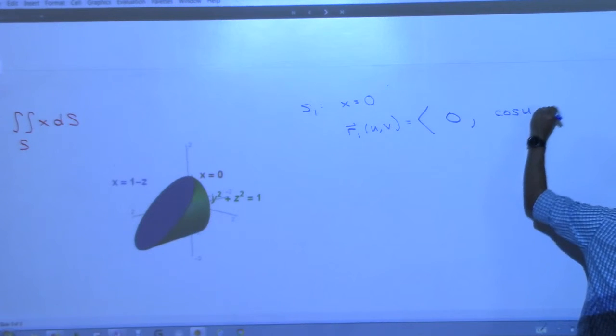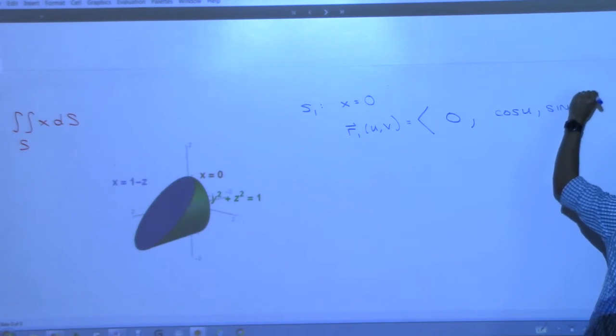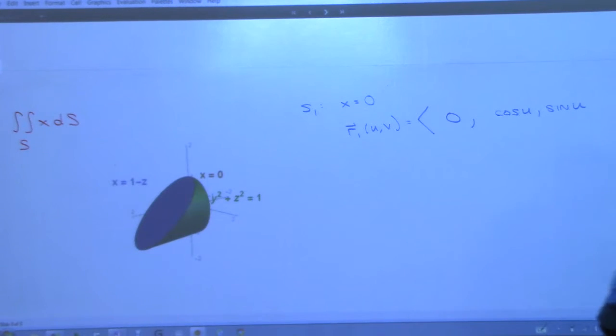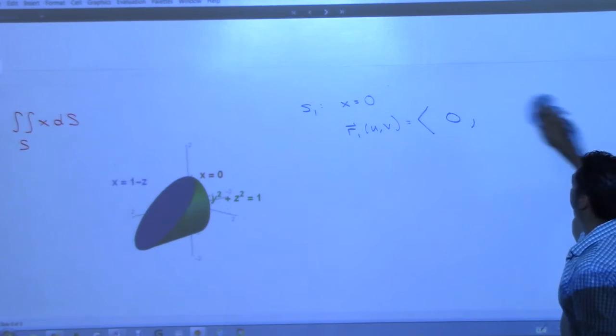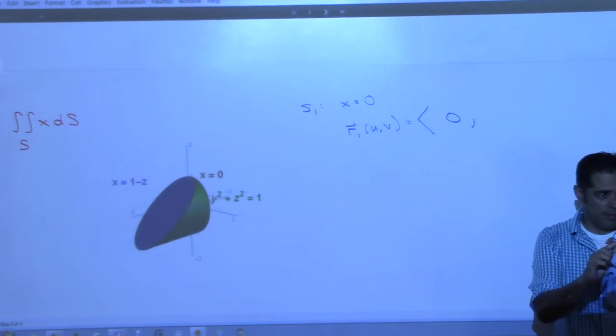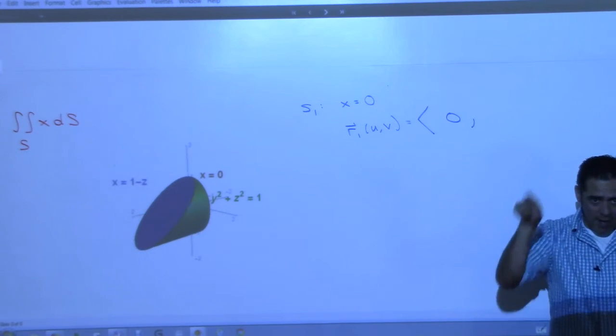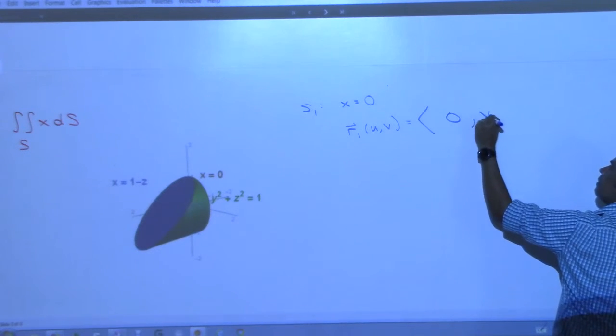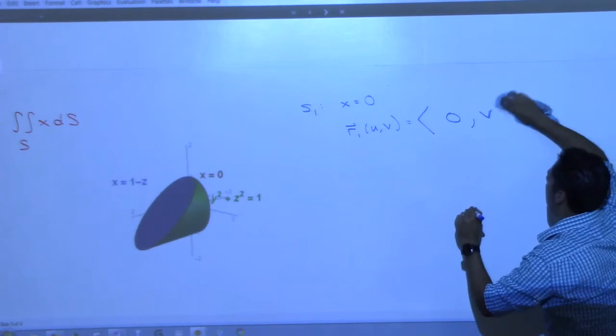It should be cosine u, sine u. I'm missing something. What am I missing? A v. So you tell me, where does the v go? I want to draw the whole disk, not just the outer ring. I want the whole disk. V cosine u. Come on, Robert.